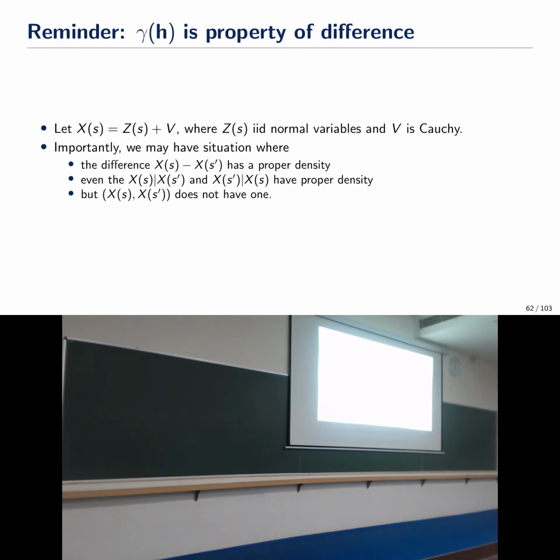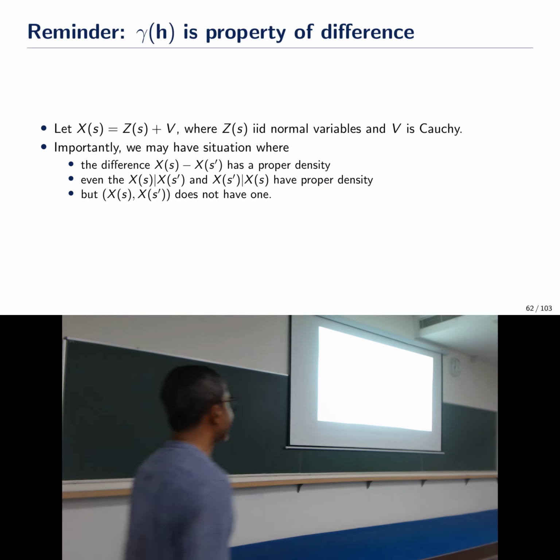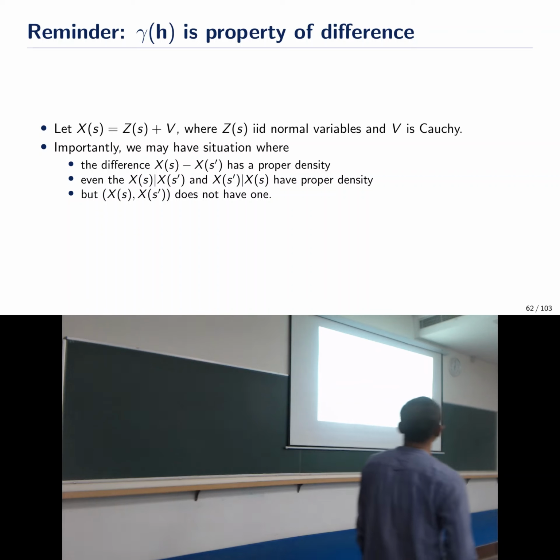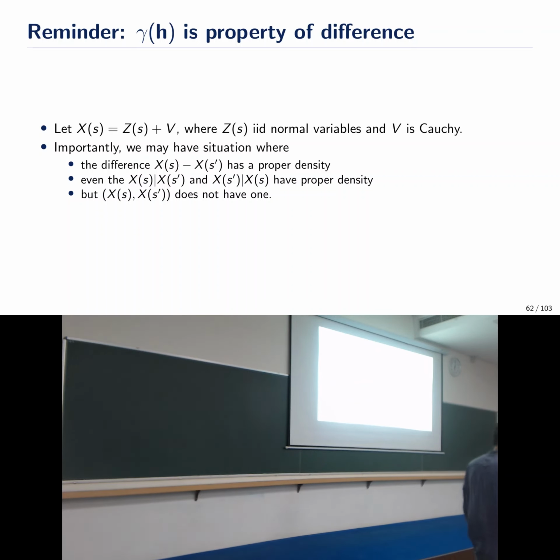A more disappointing, or discomforting, thing is this. We may have Xs minus Xs dash with a proper density. We may have the conditional density of Xs given Xs dash proper, and the conditional density of Xs dash given Xs proper, but the joint density of Xs and Xs dash is not proper.